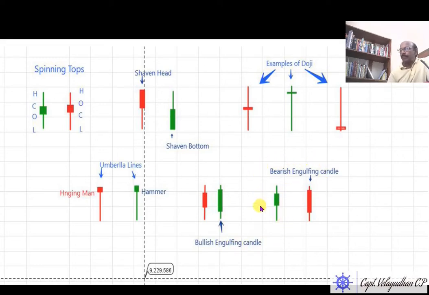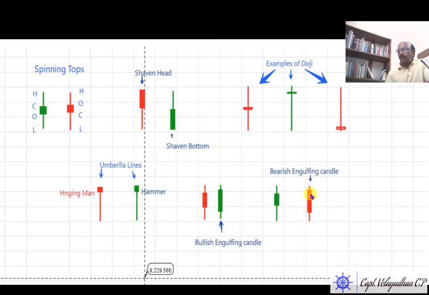This is a bearish engulfing candle. The previous session was a bullish candle. However, in the next session the market opened up above the close, then came down and closed below the real body, or the previous day's opening.